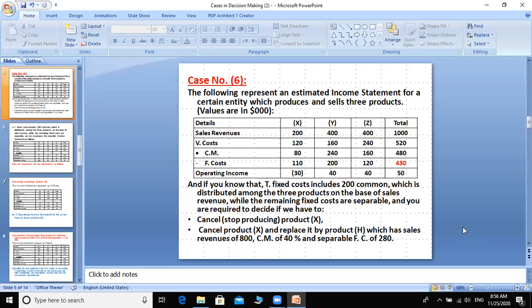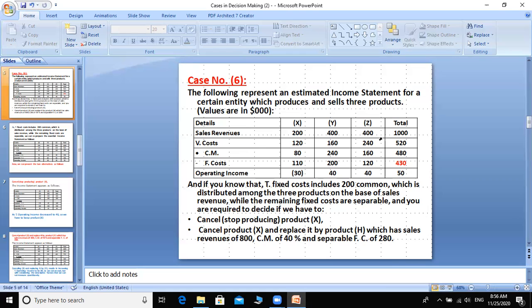To solve such a case, first of all, the key of solving it, we have to divide the 430 as fixed cost into 2 kinds of cost: common fixed cost and separable fixed cost, with the same 430.